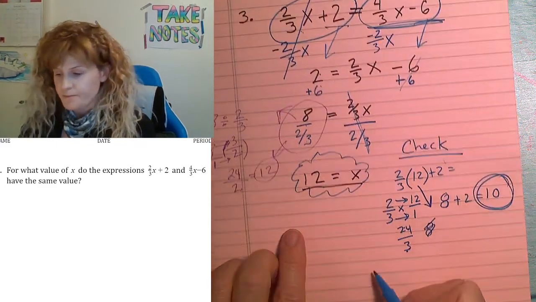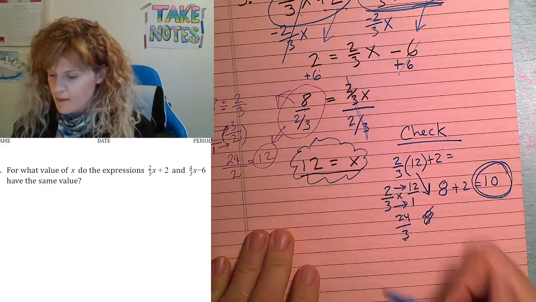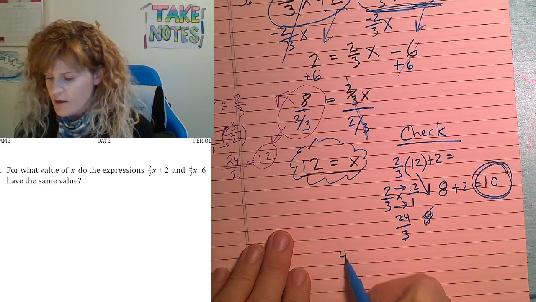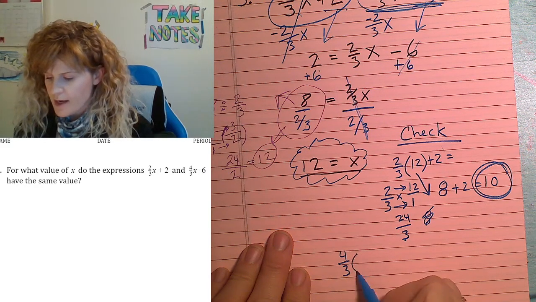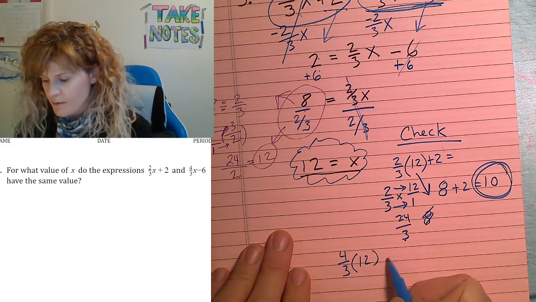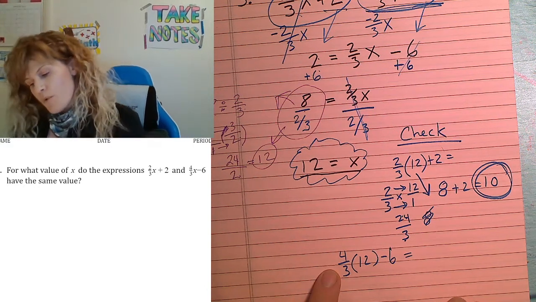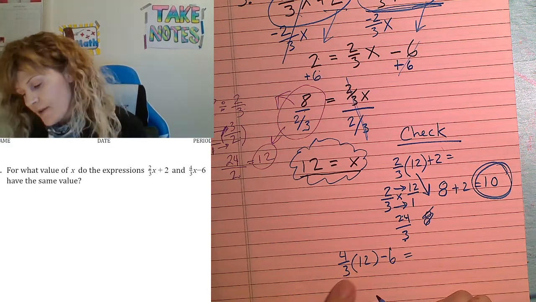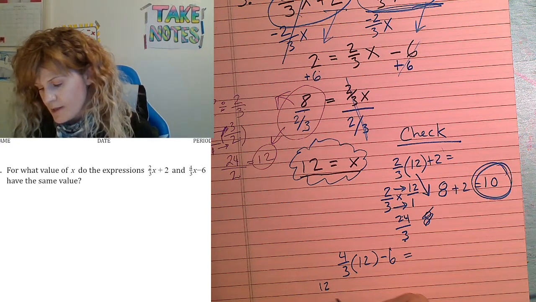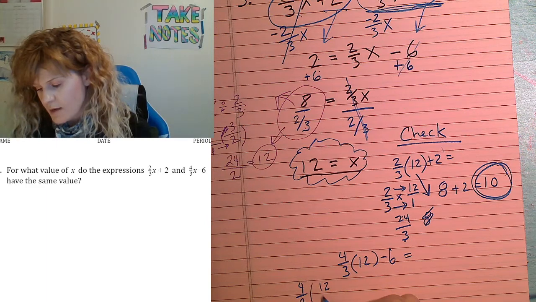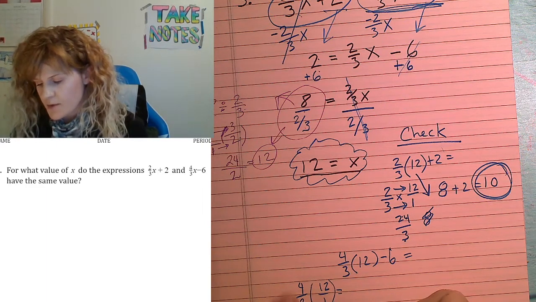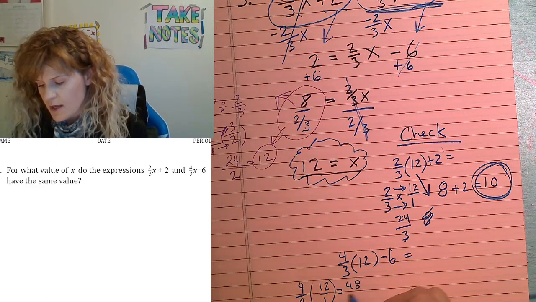Let's do it. So the second expression is 4/3 times x, which is 12, minus 6. Now let's do the math. 4/3 times 12. I better not do it in my head because I messed up last time. So that's, hold on, 4/3 times 12 over 1 equals 4 times 12 is 48 divided by 3.